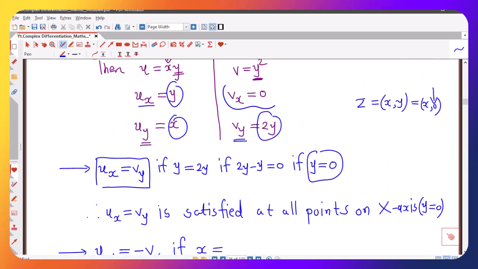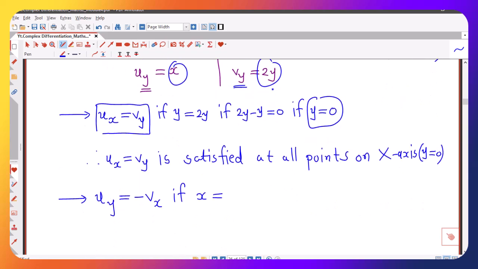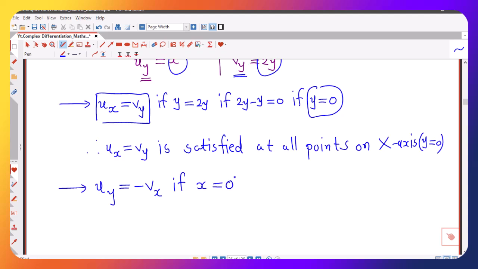Del v by del x is 0, therefore minus del v by del x is also 0, and x equal to 0 means the y-axis. So this equation is satisfied at all points on the y-axis, or on the line x equal to 0.